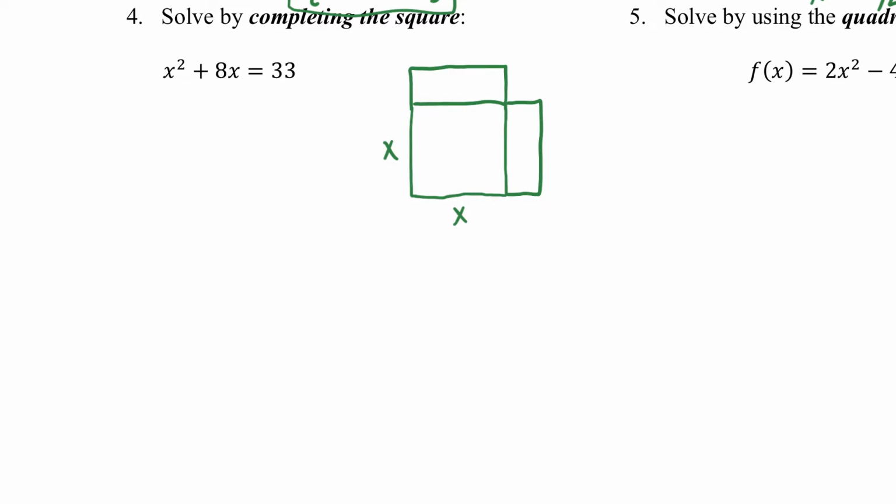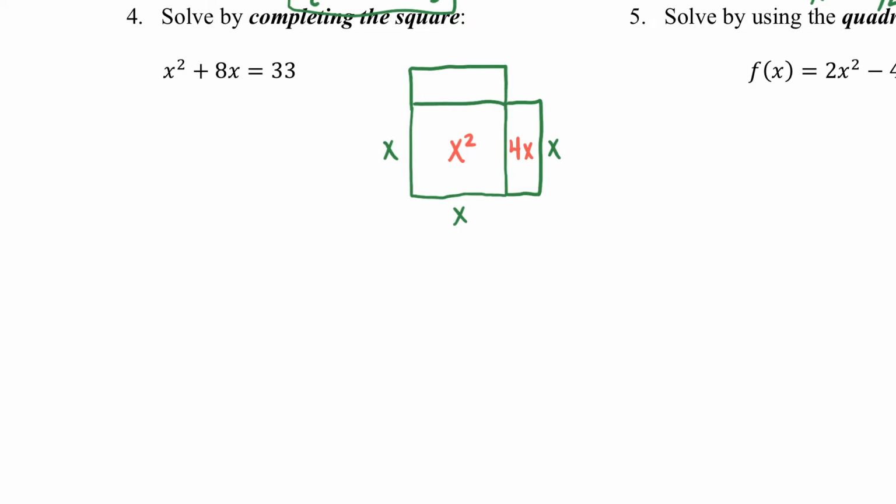And we figured out, okay, if this is x squared, because x times x is x squared, and if this side here is x, we're going to need 4x in this square.